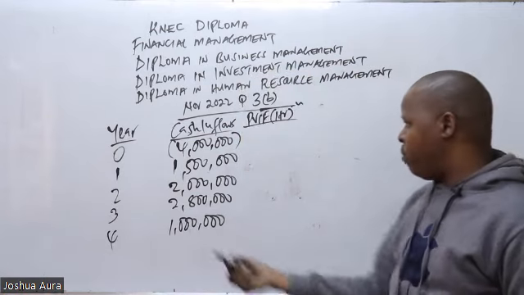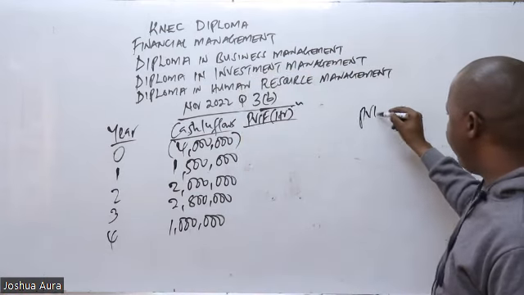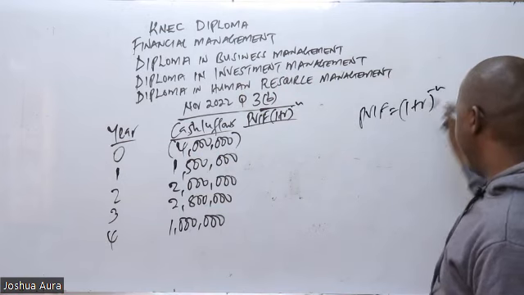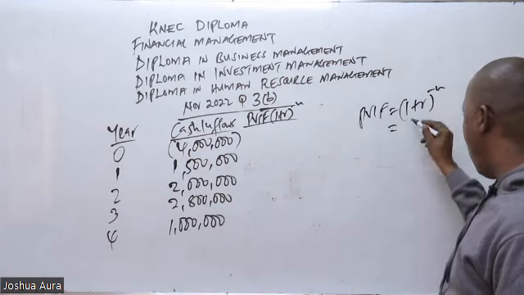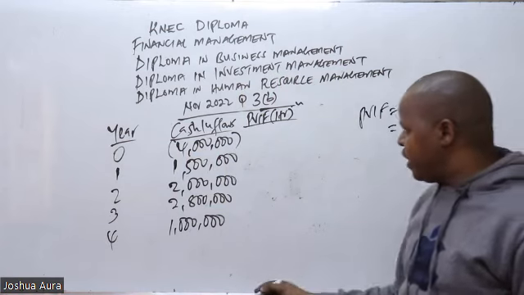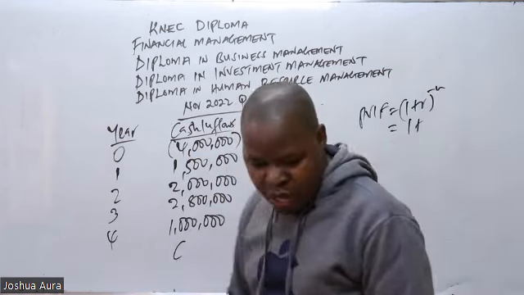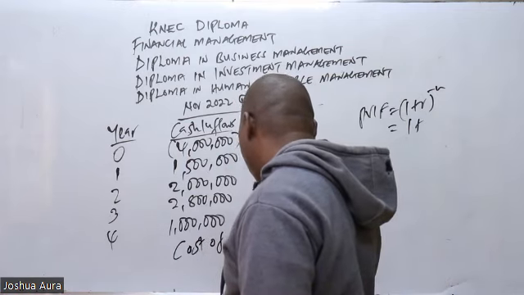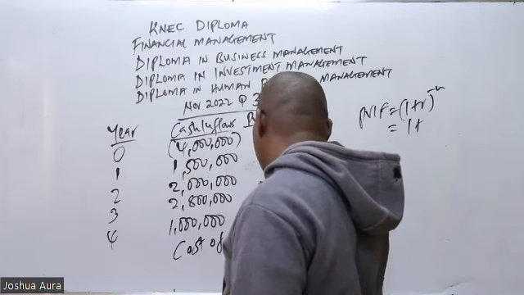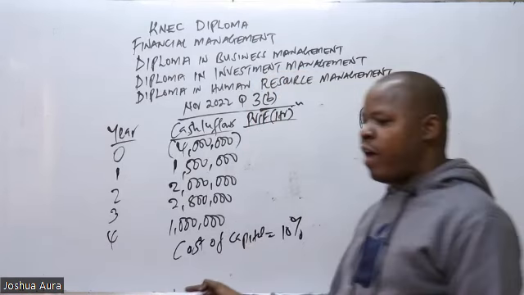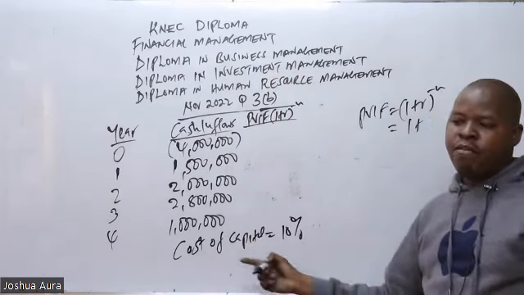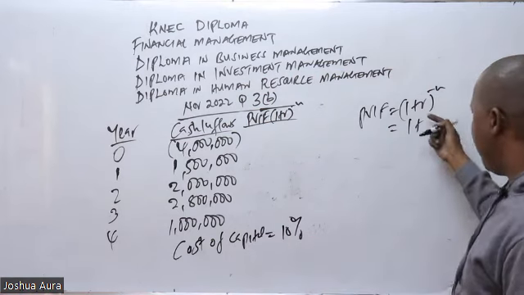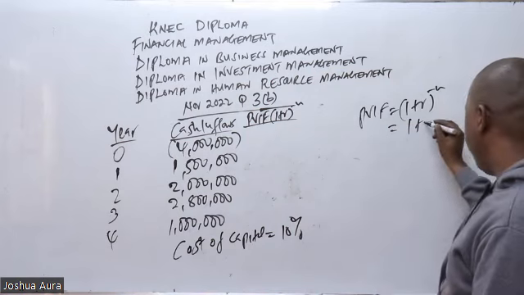So for year 0, that will be PV, which equals (1 + R) raised to negative n. We have been given the cost of capital as 10% from the question. So this is our R, it will be 0.1.